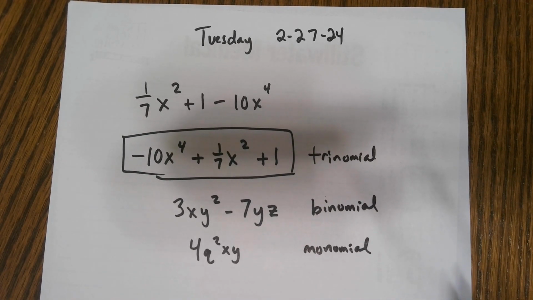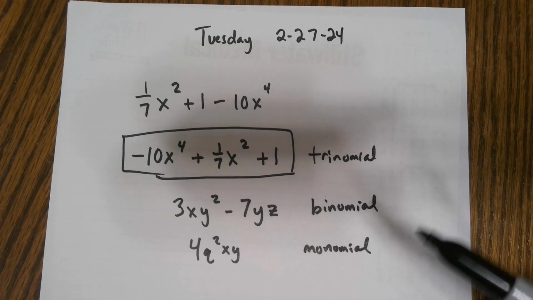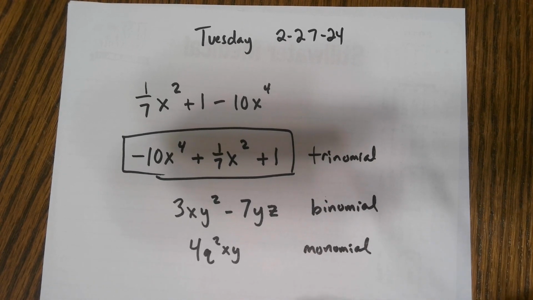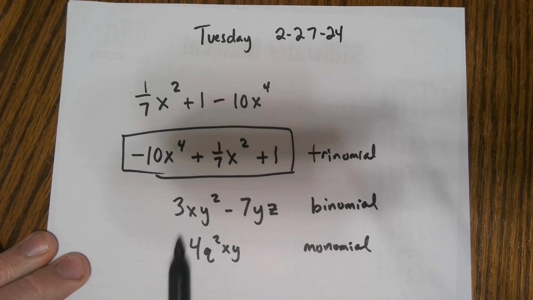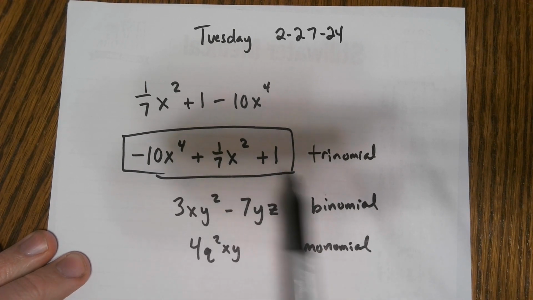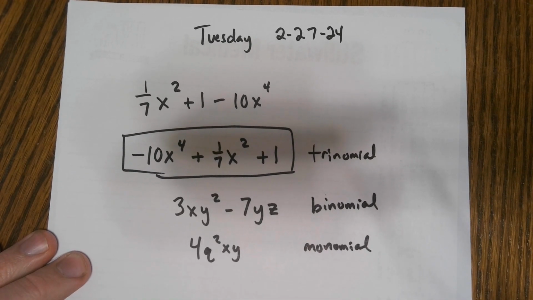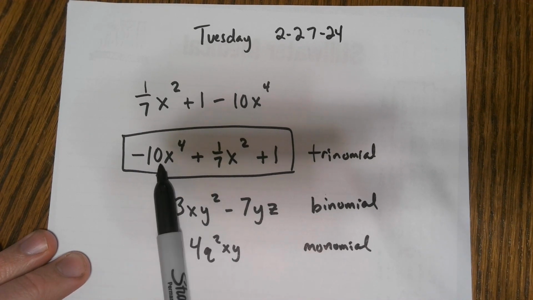Now, if I'm asking what the degree of my polynomial is, what I'm essentially asking is the exponent of the variables. You can't combine terms together, so if you have a polynomial with multiple terms, you're just going to look for the highest one. So in this trinomial, to find the degree, I'd look at the exponent on the variables.